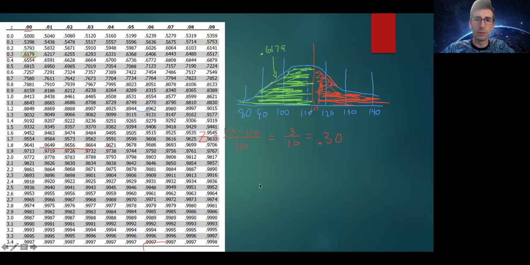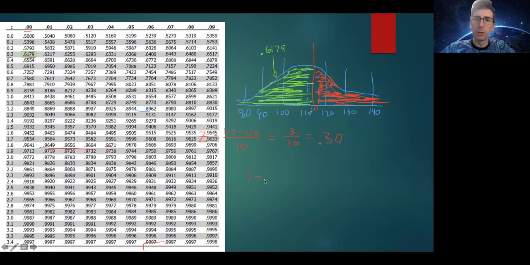So how do we solve this? Well, we know the entire area under the curve is equal to 1, or 100%. So if we take the whole area and subtract this green part here, we'll be left with the red shaded area that we're looking for.